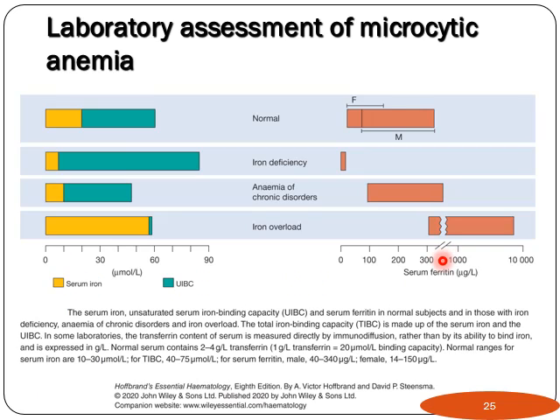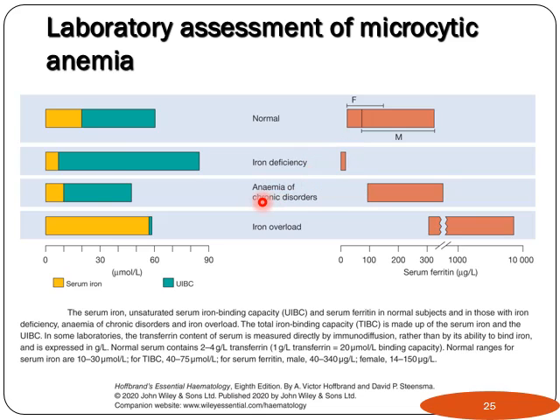Here is a cartoon showing the normal distribution between the serum iron and the iron binding capacity and its interpretation of the serum ferritin. Here normally we are having a balance between the serum iron and the iron binding capacity with normal ferritin level, either for male or female. When iron deficiency is present, we have a low serum iron with increase in the iron binding capacity and serum ferritin is low.